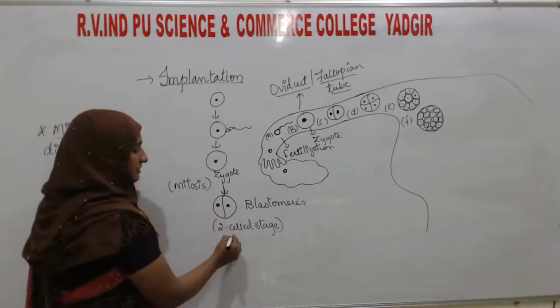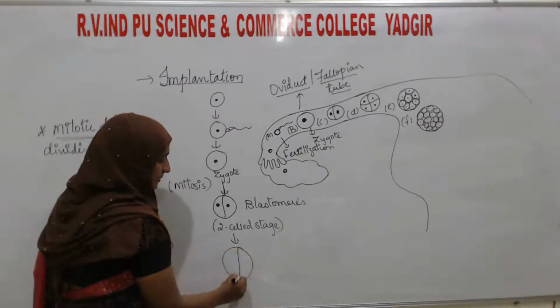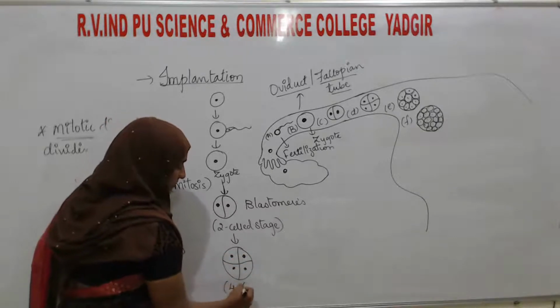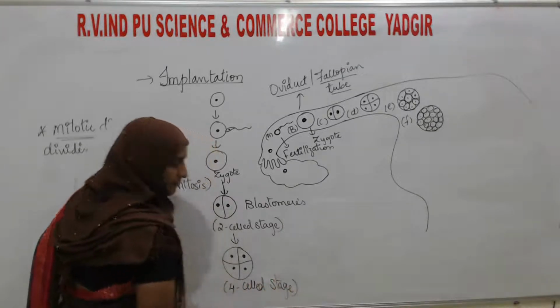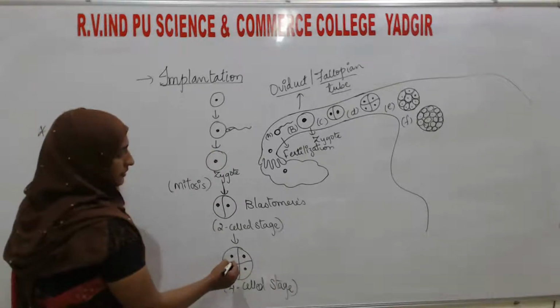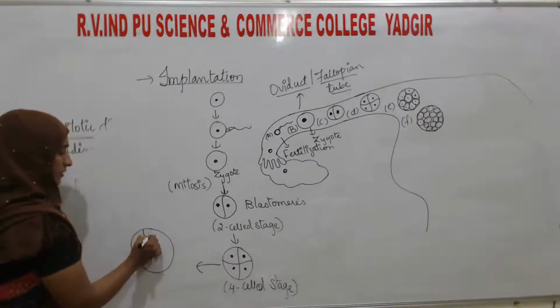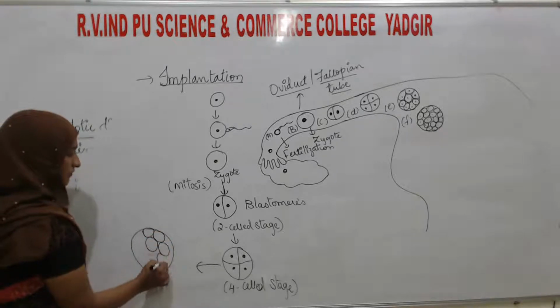Okay, then these 2 cells will further divide to form 4 cells. These 4 cells are also equal sized, and this stage we can call the 4-celled stage. The next one: this 4-cell stage will further divide to form 8 cells.